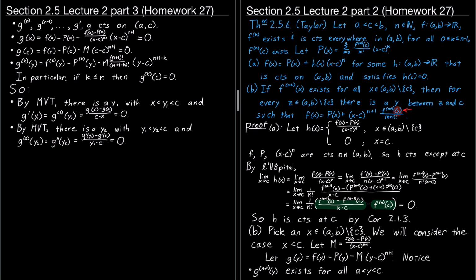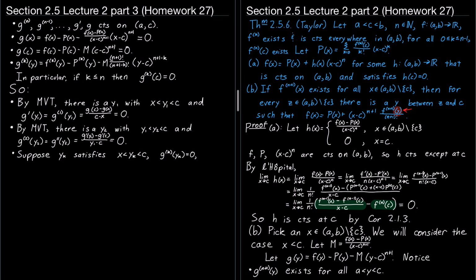All right, so we're going to keep doing this. So let's suppose that yk is between x and c, and k derivatives at yk equals 0.